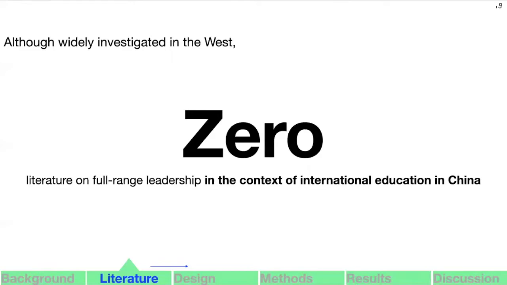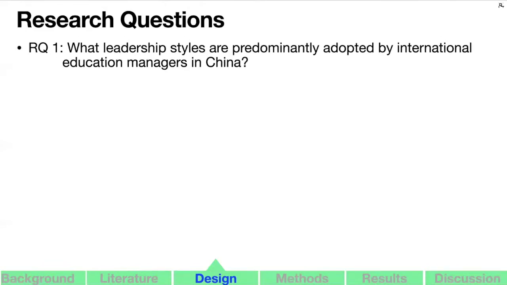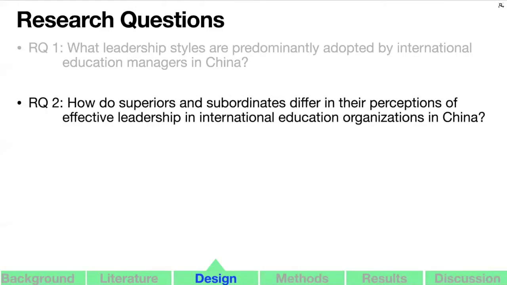So I'll move now to the design of the research. I asked 4 major research questions. The first one was, what leadership styles are predominantly adopted by international education managers in China? The second research question asked, how do superiors and subordinates differ in their perceptions of effective leadership in these organizations?